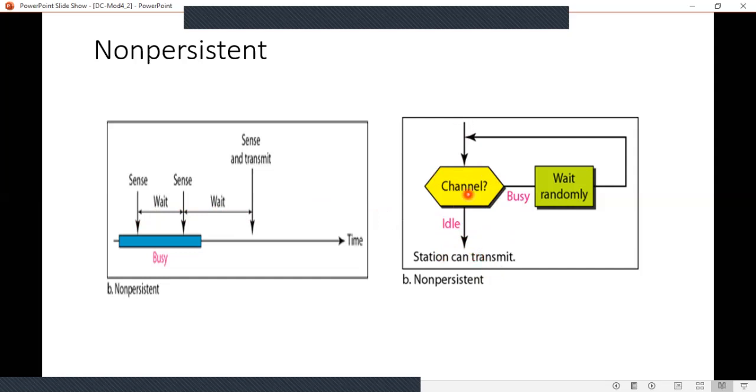Else, if the channel is busy, it will wait randomly for a time period, and then again it will sense the channel. At this point of time, if it is idle, then it will transmit the frame.